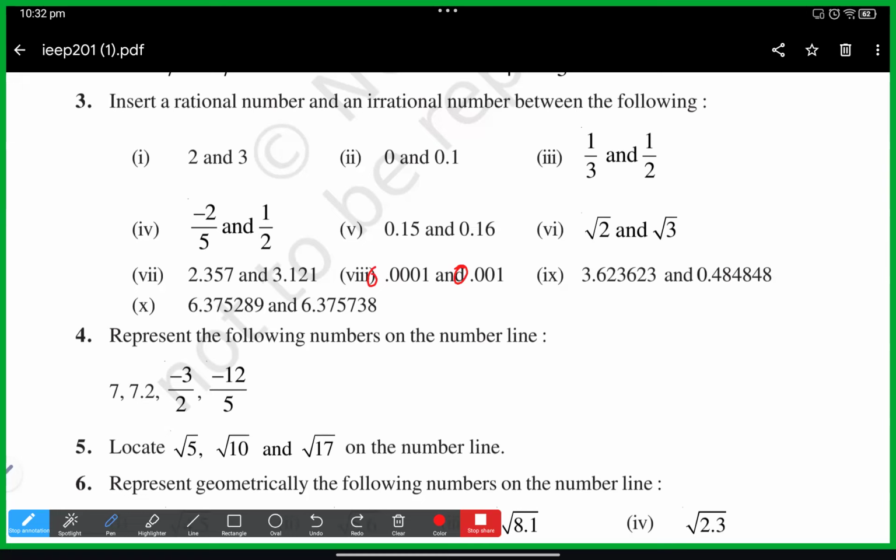Sir, actually 0.001 is of greater value, right? Yes, Pranavi, this is greater than this, because your fourth decimal is 1, while your third decimal is 1. For convenience, this is smaller, this is bigger among these two.